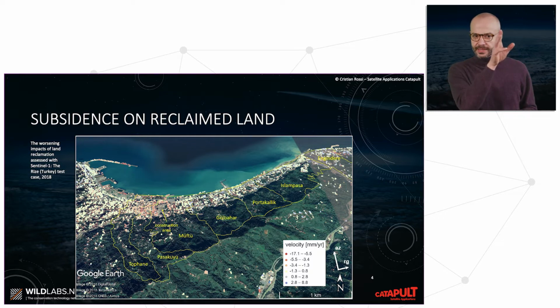So we can see measurements here of subsidence or uplifts in this specific city, which is called Rize. And let's appreciate here the values. Millimeters per year, and the values are 2 millimeters, 3 millimeters, 10 millimeters. So we are looking at something that is really, really small.